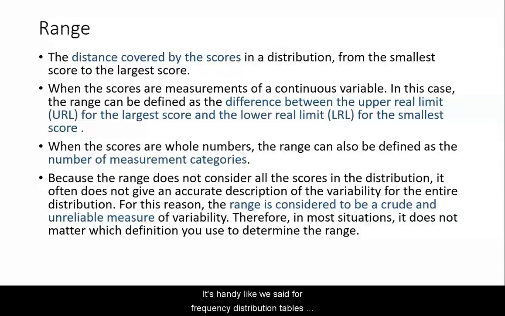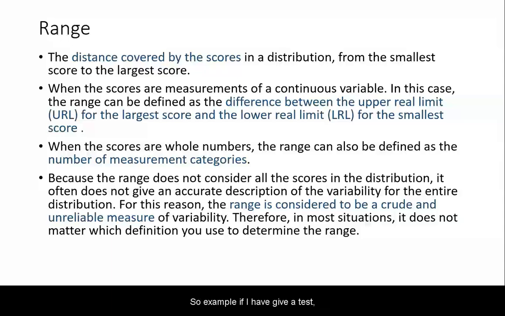It's handy, like we said, for frequency distribution tables and things like that, but it's basically pretty crude, and it doesn't tell us a whole lot, particularly if we have a group with, you know, outliers, some really big scores.